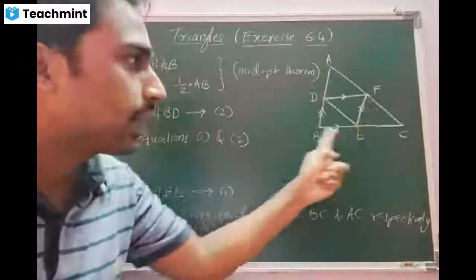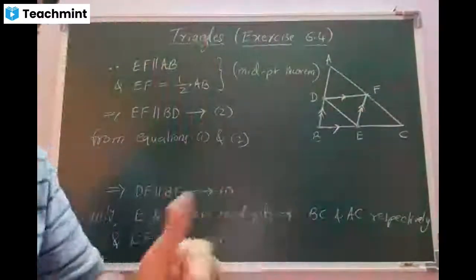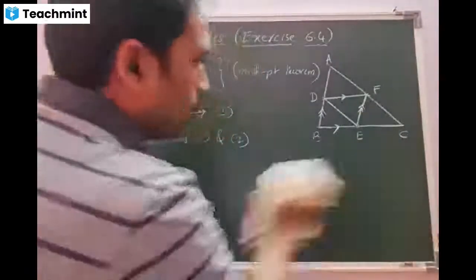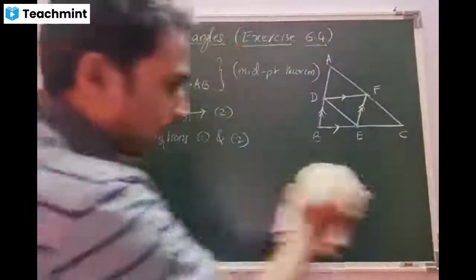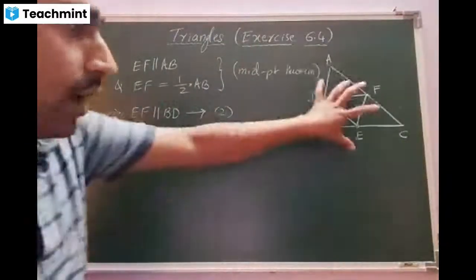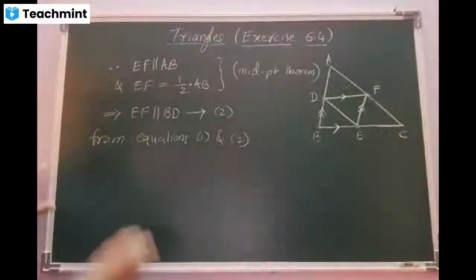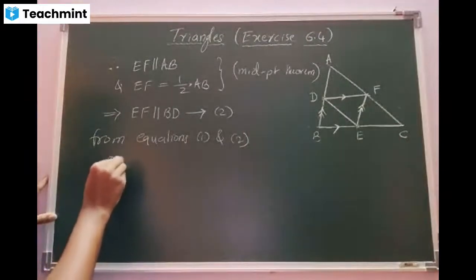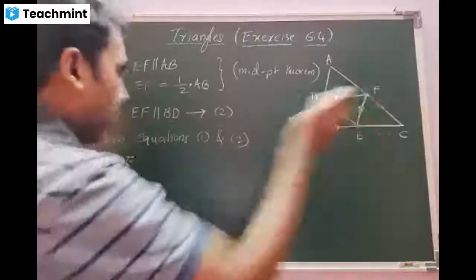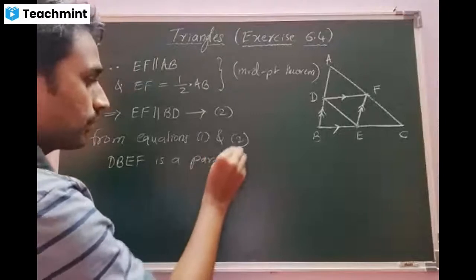DFEB is a parallelogram because one set and one more set of opposite sides are parallel. Correct, beta? Yes, sir. We have studied that if both sets of opposite sides of a quadrilateral are parallel, then the quadrilateral will always be a parallelogram. Correct? Yes, sir. From equations 1 and 2, DBEF is a parallelogram. Is there any doubt?